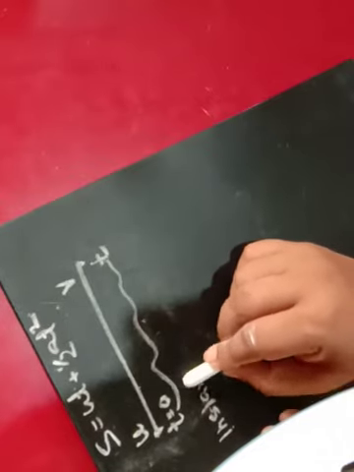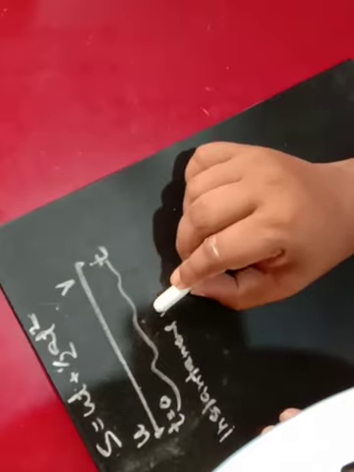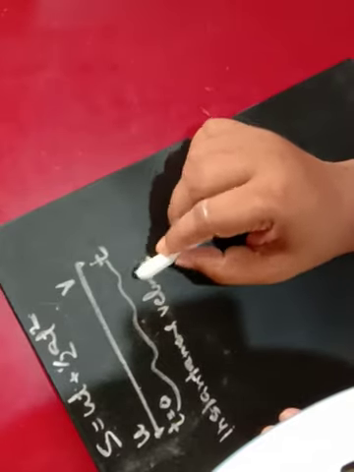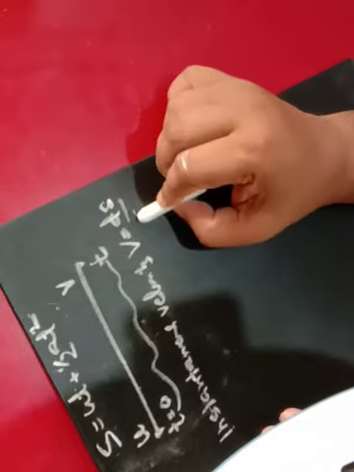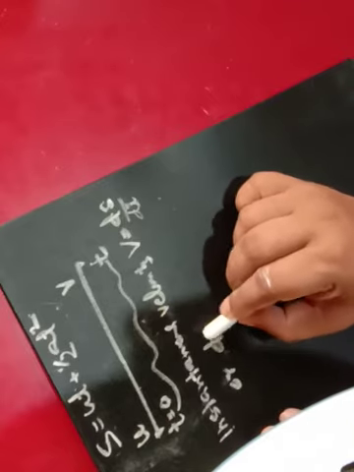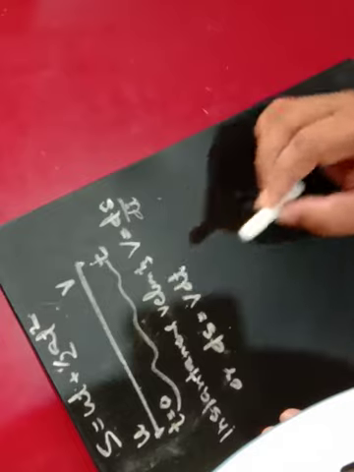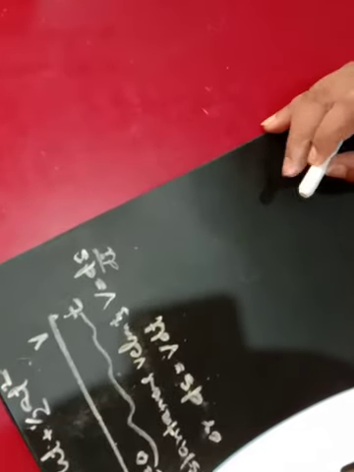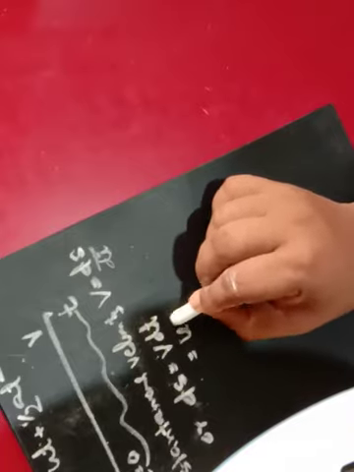The instantaneous velocity v equals ds upon dt. Clear? So ds will be equal to v dt, and you know that the velocity after time t, from the formula you calculated, is u plus at.